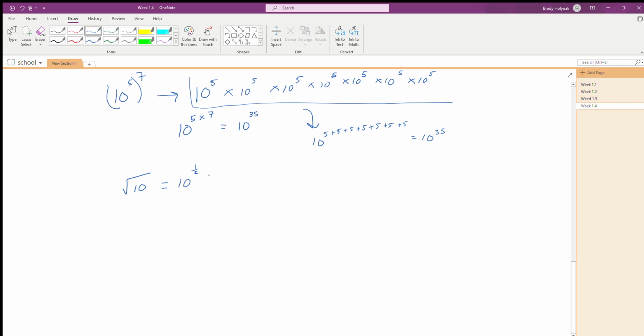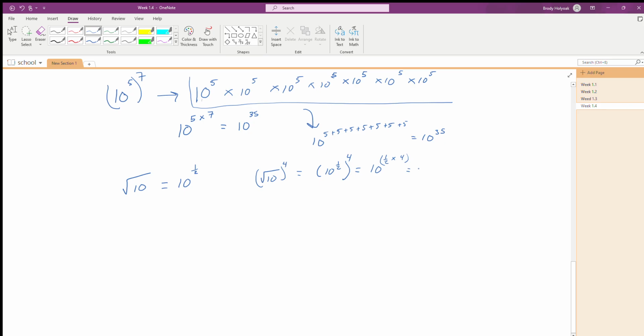And now all of a sudden, once we have this converted into a number, it's really easy to figure these out. We can apply all these other rules to it. So just like if I had the square root of 10 raised to the 4th power, internally I'm going to convert inside my parentheses to 10 to the 1/2 power, to the 4th power, which translates to 10 to the 1/2 times 4 as far as my power goes.